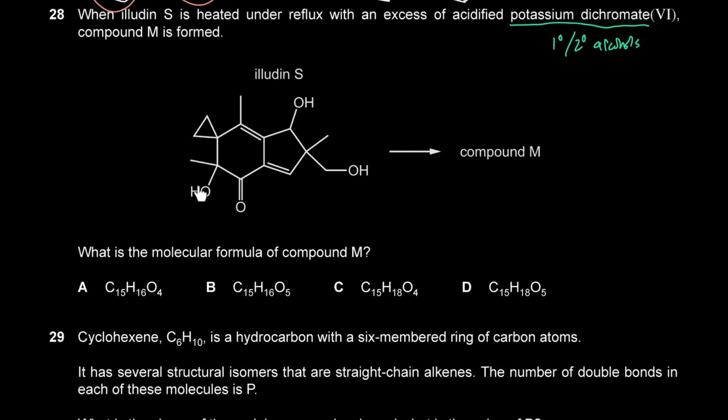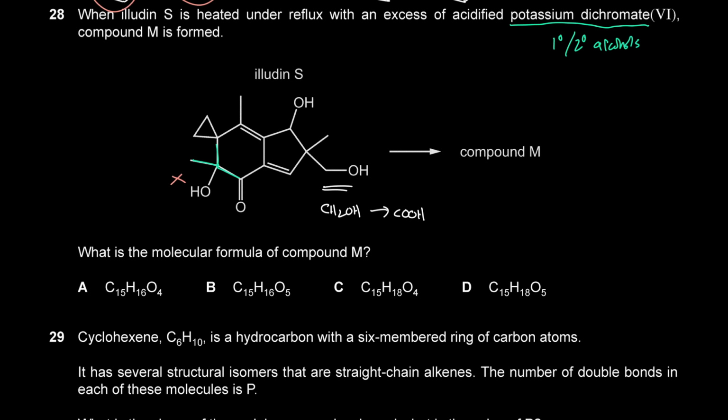Now over here, this OH is a tertiary alcohol. This carbon that's bonded to the OH is bonded to 3 carbon atoms, so this won't react. This one over here is a primary alcohol, a CH2OH, so this will become a CO2H.